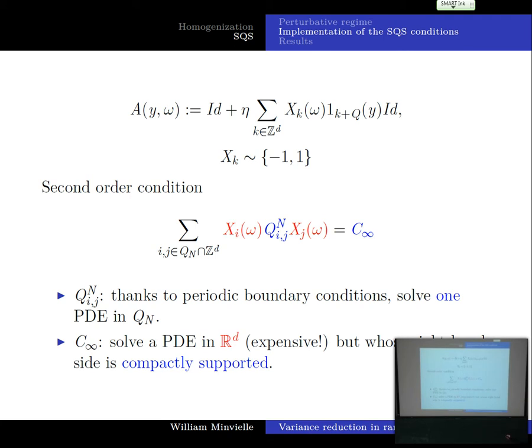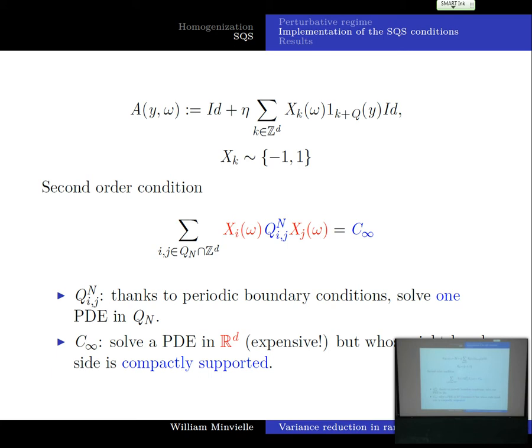Very good point. So actually, this guy I pre-compute once. Okay? So this is one PDE. This is one PDE. I pre-compute them once, and then I just have to evaluate this. So evaluating this needs not compute a corrector problem, and that's the strength of our method.